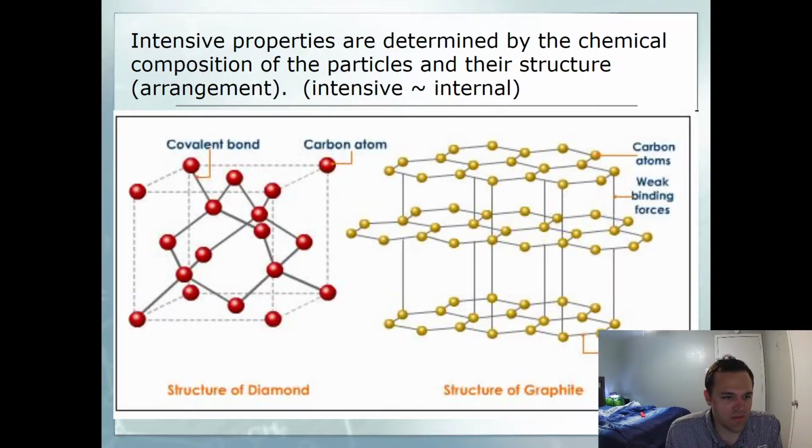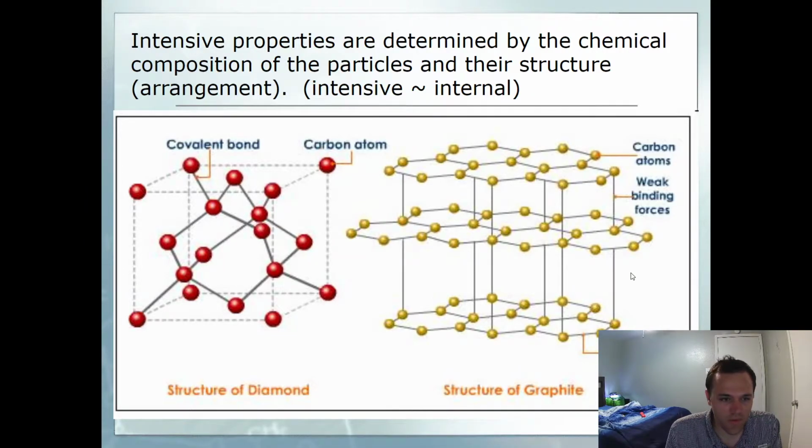Intensive properties are determined by the chemical composition of the particles and their structure. So what chemicals or what types of elements are in the compound you're talking about and how they're arranged. You can see here the difference between diamond, which is all carbon but arranged in this crystal structure, versus graphite, which is still all carbon but instead of being all bound together with covalent bonds, it's made in layers.